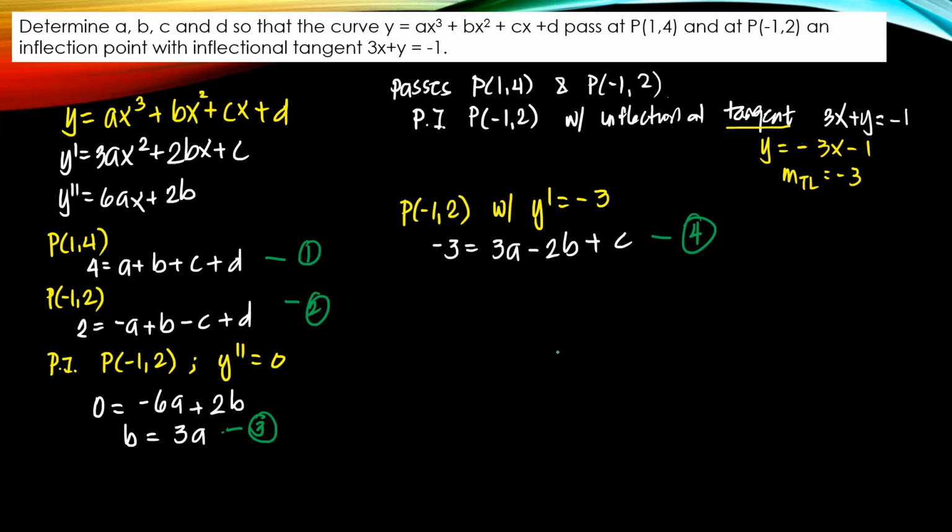So maybe what we do here is elimination. First step, eliminate D. In order to do that, let's just say equation 1 minus equation 2. 4 minus 2 is 2. a minus -a is 2a. b minus b, cancel. c minus -c is 2c.